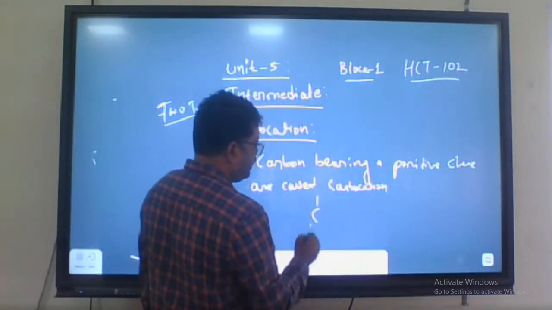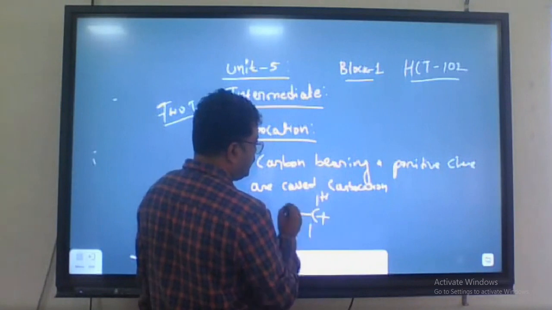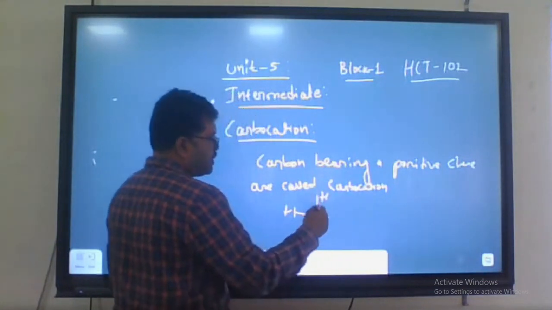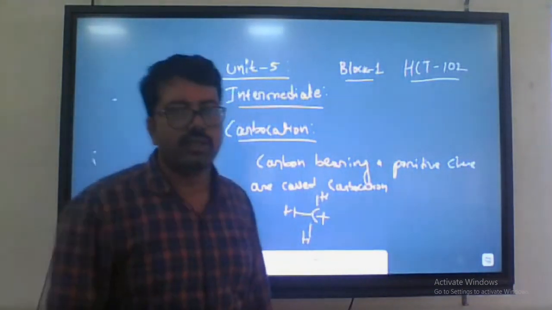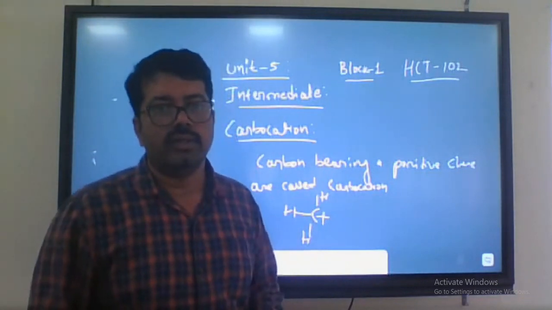The carbon bearing positive charge, this carbon bears positive charge, is called carbocation.